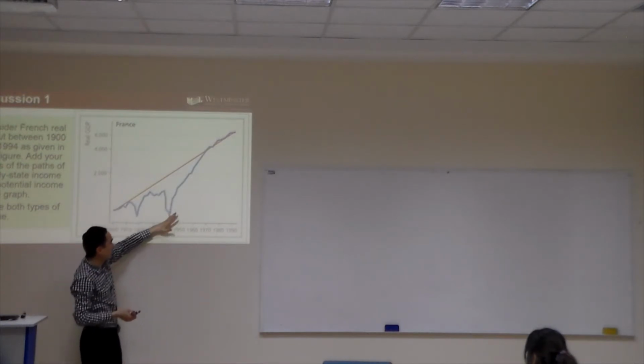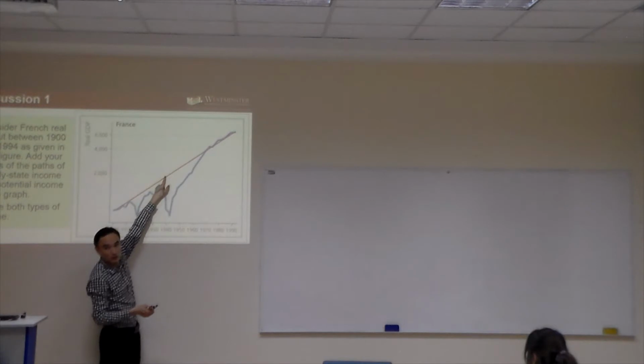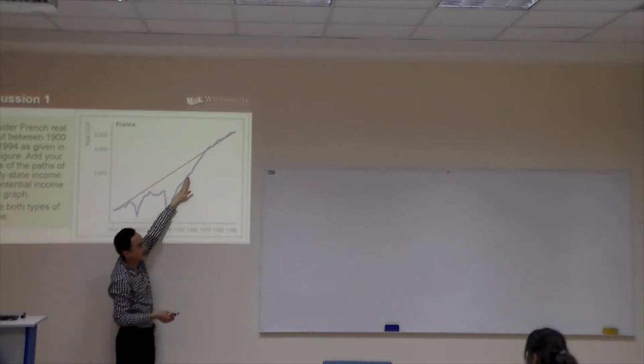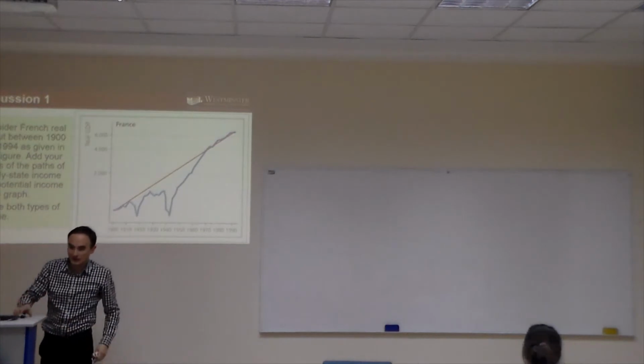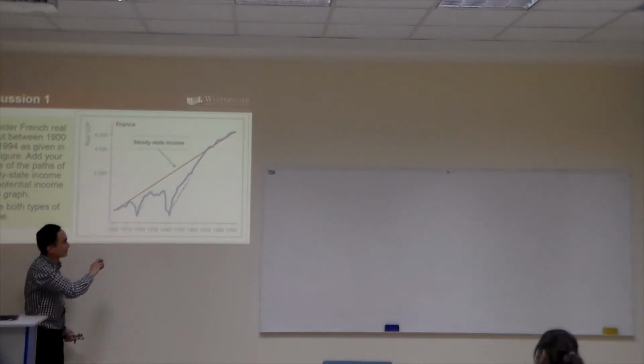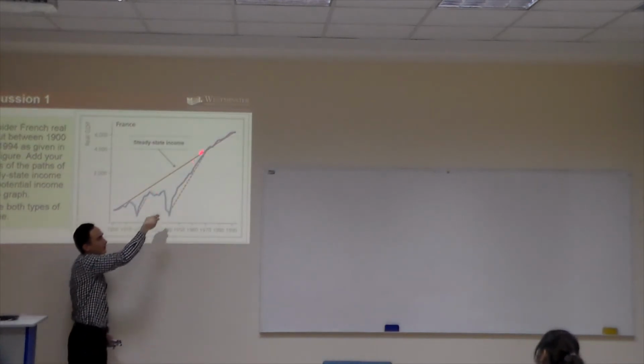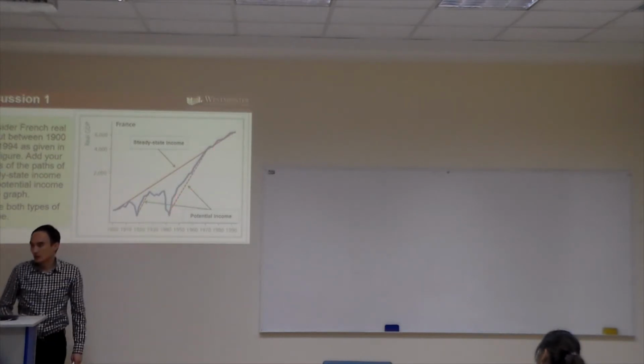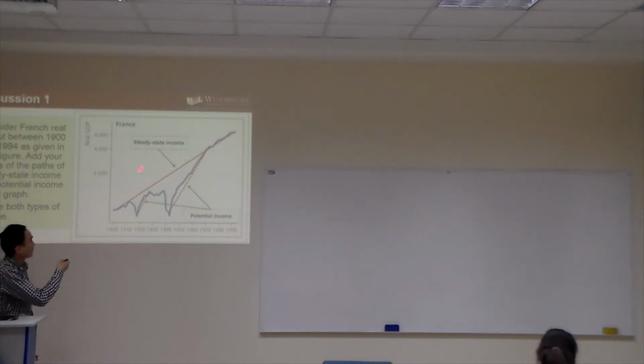So again it's impossible to produce at the previous level because of less capital and less labor, and there was another potential line, which you have to know. Also, this result shows that a country with low capital grows faster. Good. So these are steady state income and potential income.